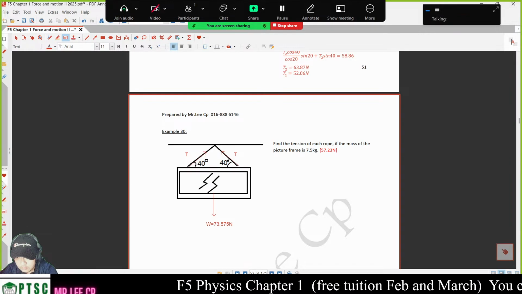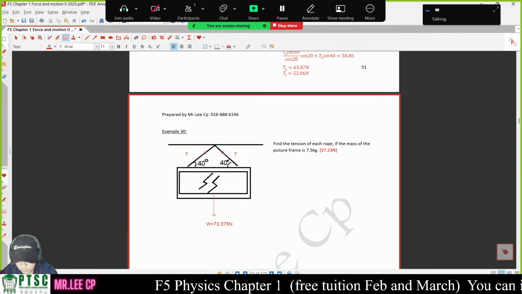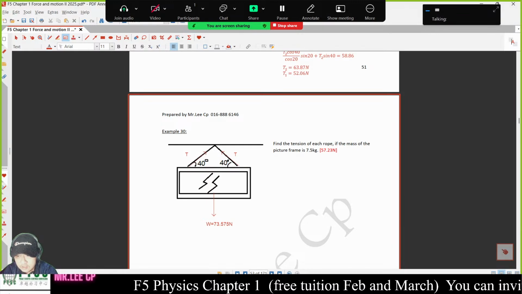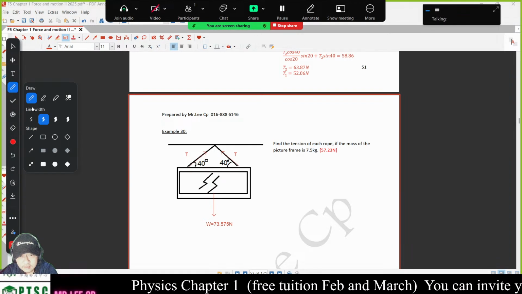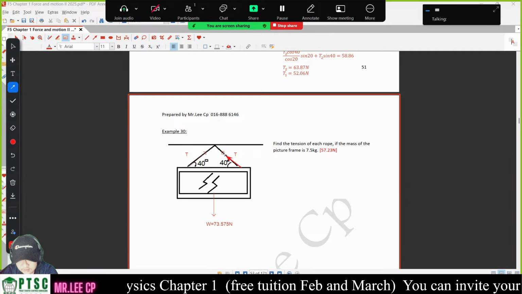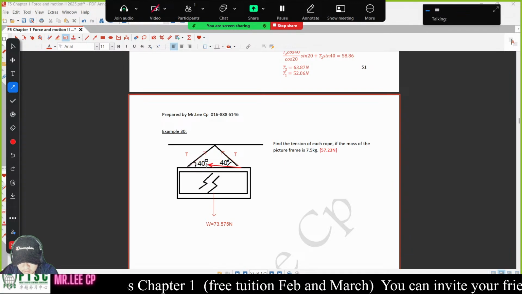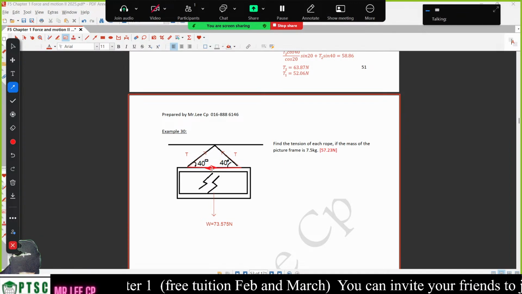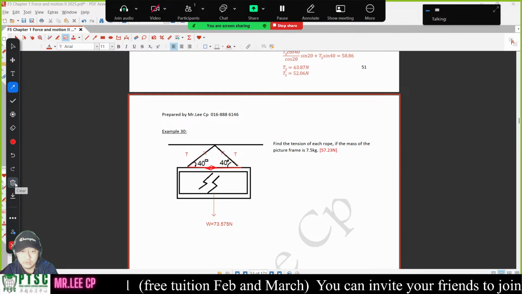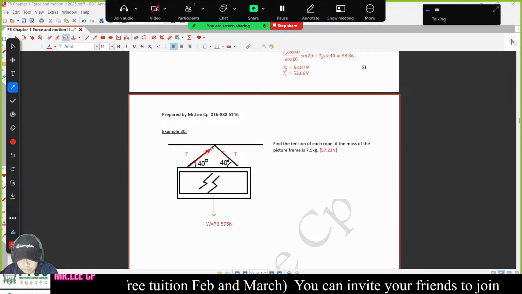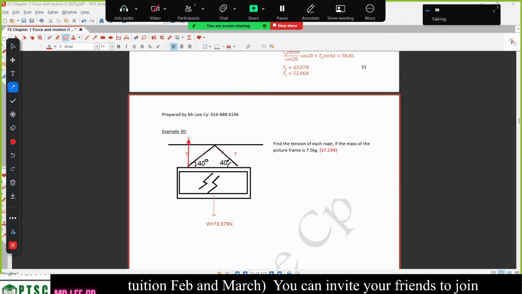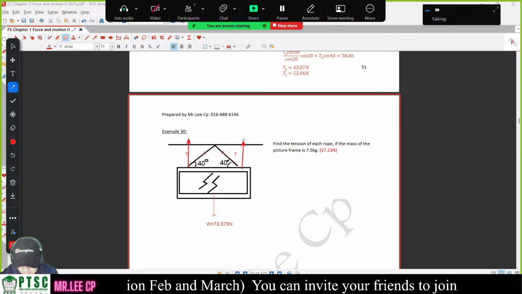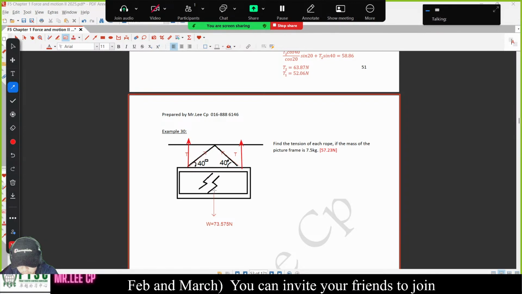So now we are going to calculate here. So the force going to the left is this force, right? This T cos 40 is equal to T cos 40. So it is the same. So no need to do. So we need to do the one that is going upward. And this one going upward is equal to the force that is going downward.